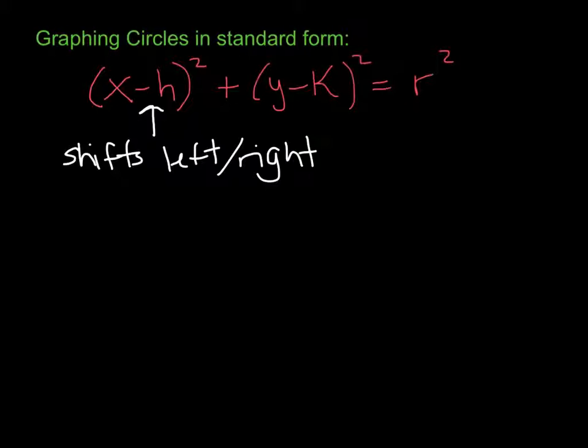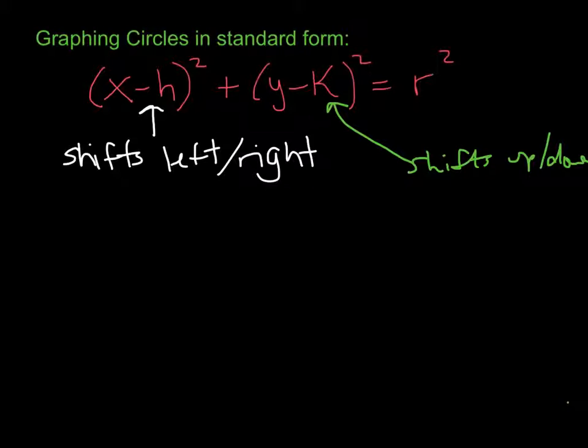My k is with the y, and the h is with the x, so that goes left and right because that would go back and forth horizontally. And y we think of vertically, and this is going to shift my graph up and down, depending on the sign.